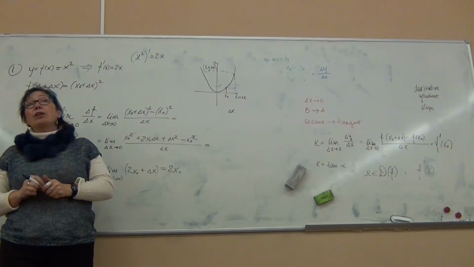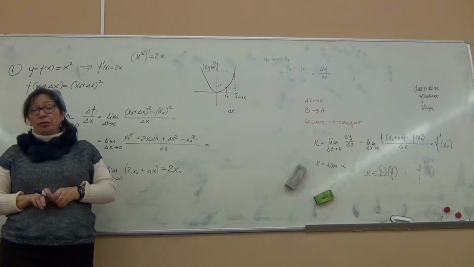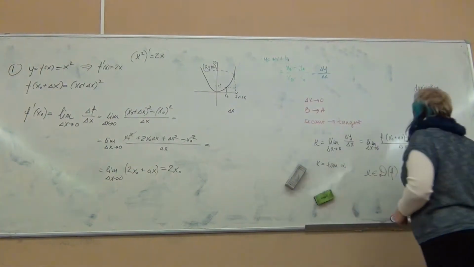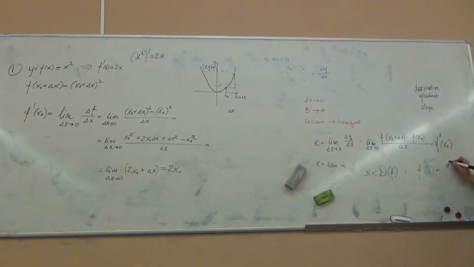There's another notation, dy over dx, which is also used. So we can actually also use the notation dy by dx. I will explain this notation when we approach integration. It's the differential of the function divided by the differential of the independent variable x.